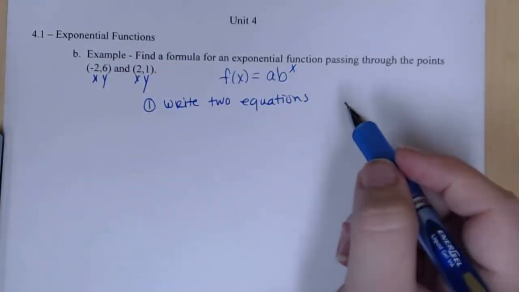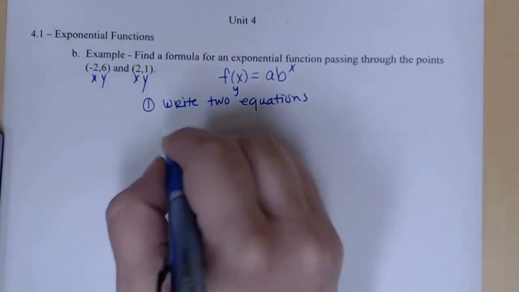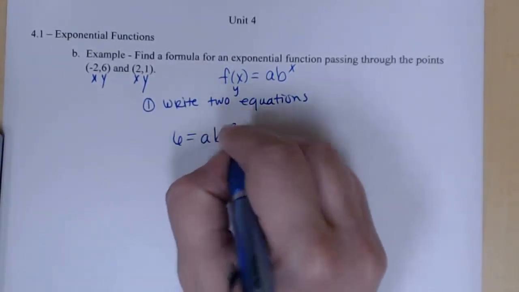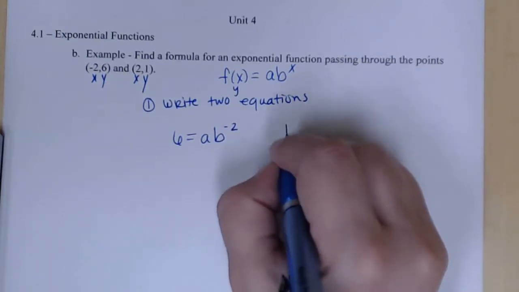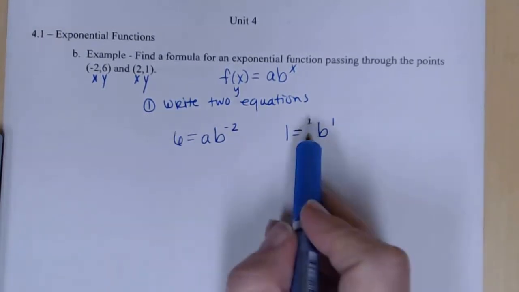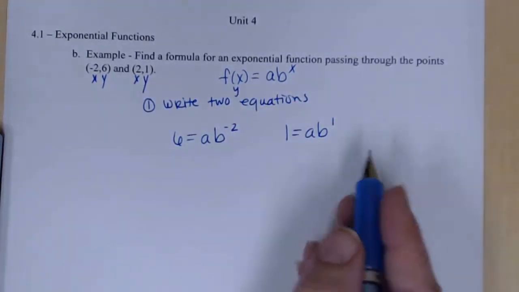So I would say, okay, using the first ordered pair here, y is equal to your f of x, same letter there. So 6 is equal to ab to the negative 2. And my other equation would be 1 equal to ab to the first. So first thing I'm going to do is write my two equations with x and y plugged in here to my exponential.